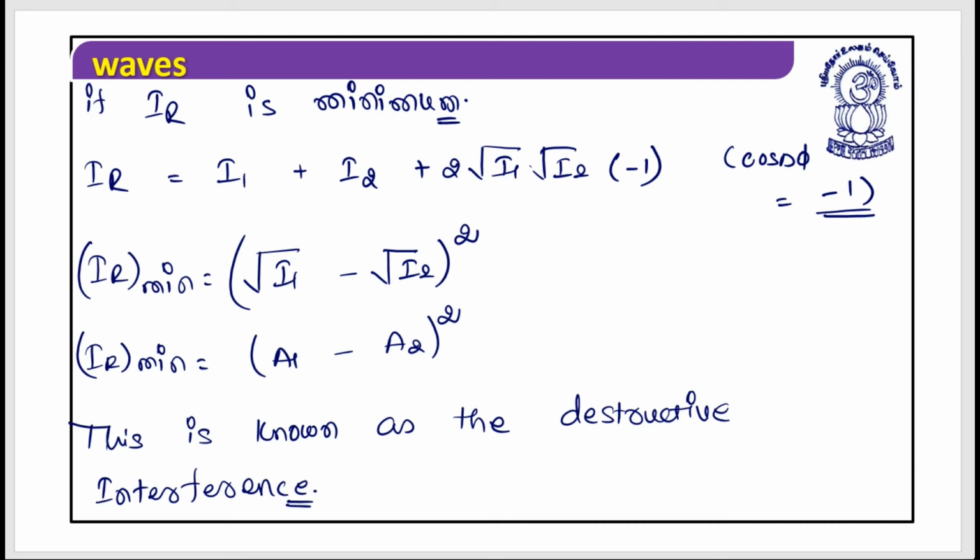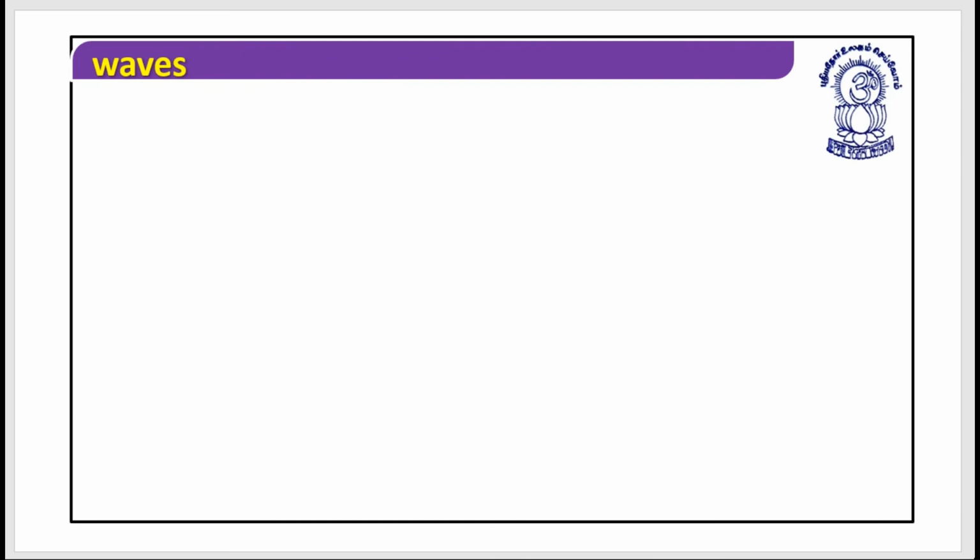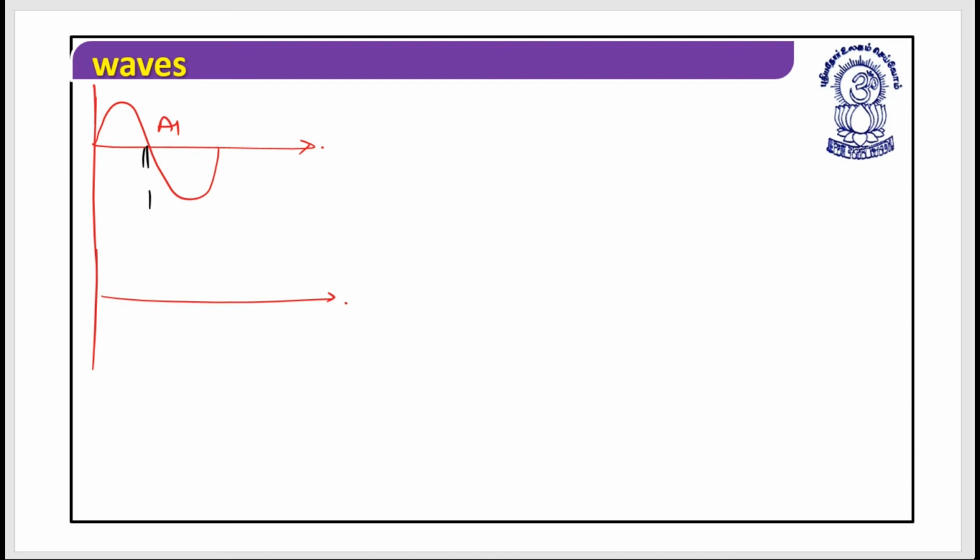Now, when we say destructive interference, the situation would be something like this. The phase difference is pi, sorry, not minus pi. Let's say this one is the A1, and suppose this is the A2 as the amplitude.